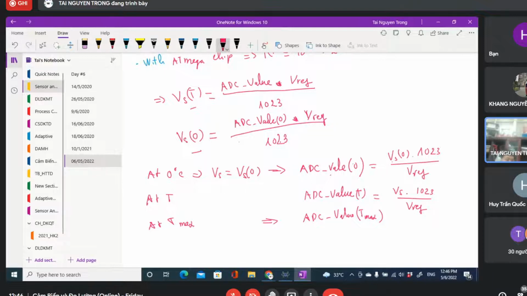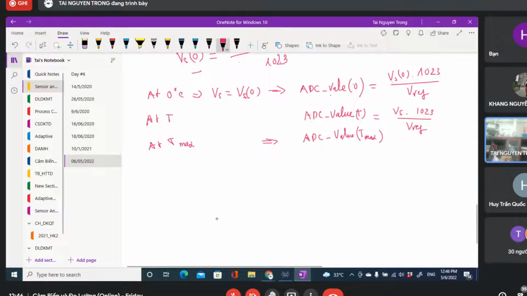Then we can calculate as T minus 0 degrees centigrade, divided by Tmax minus 0 degrees centigrade.